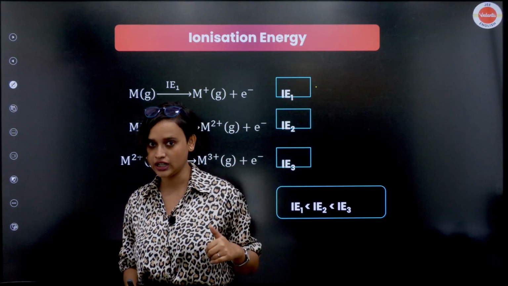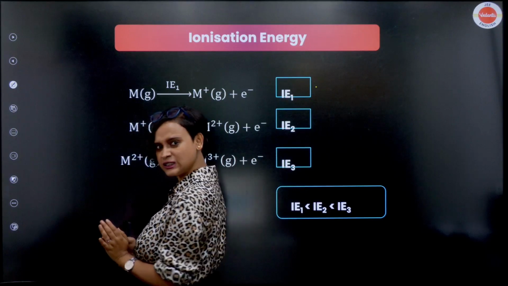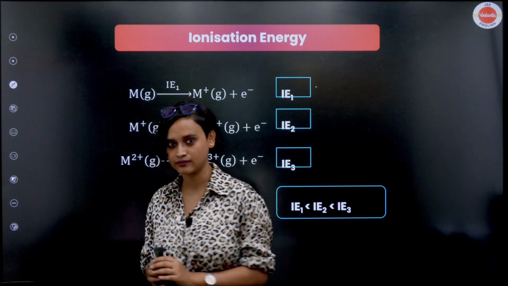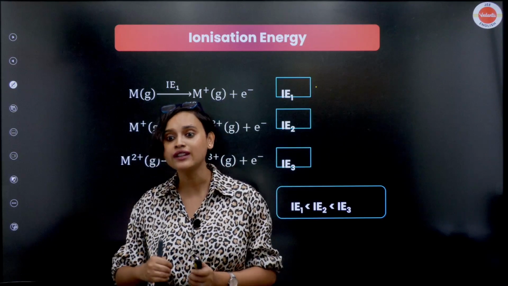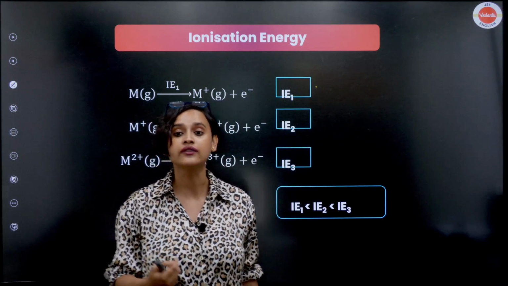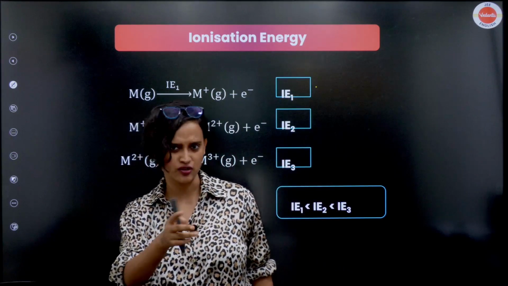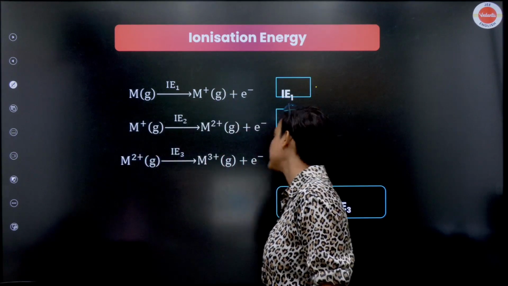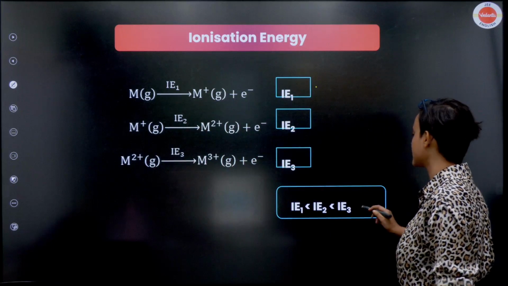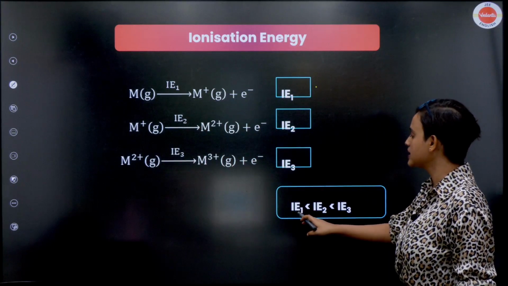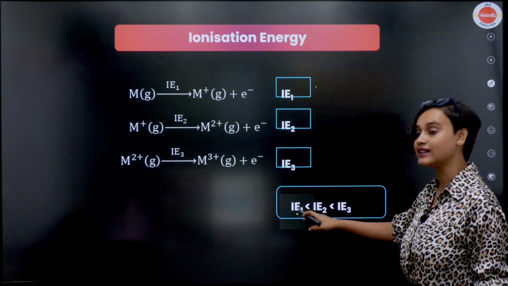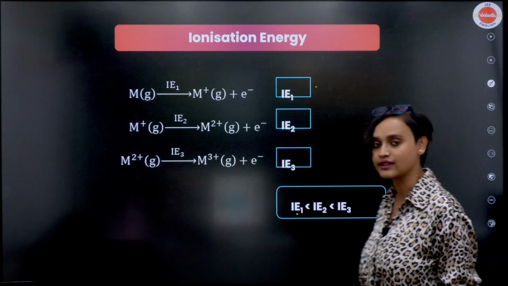Second time also, if you have taken it, third time it's not giving you anything. It will try to protect its electrons even more, understand? Although sometimes there are certain differences, you will see those exceptions as well. So this is basically what I am saying, that ionization energy 1 is lesser than 2 and then it is lesser than 3.